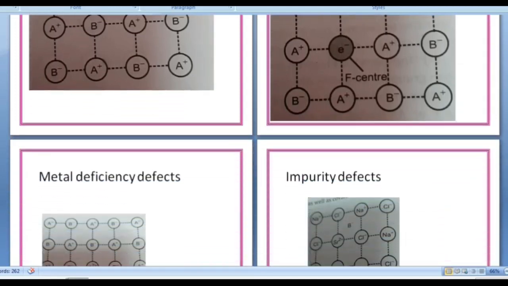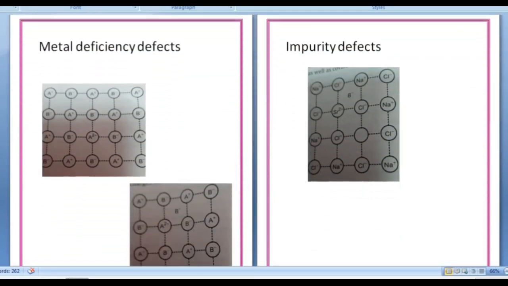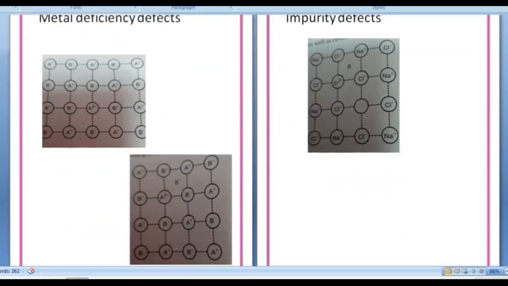Now the second category is metal deficiency defect. Deficiency means less number. In metal deficiency defect, when a cation is missing from a lattice site, an adjacent metal ion acquires a higher oxidation state. Now this can be seen in metals with variable valency like copper.